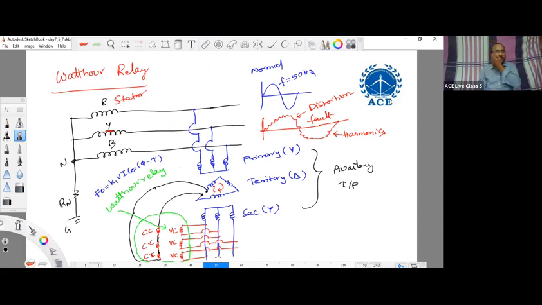During normal condition, the voltages are balanced, so there will be no current. But whenever an interturn fault takes place, what happens? There will be harmonic voltage induced in that phase, and the voltage in all three phase windings of the transformer will also consist of harmonic induced voltage, which will result in current through the coil.